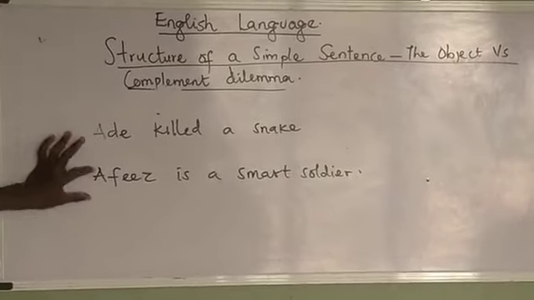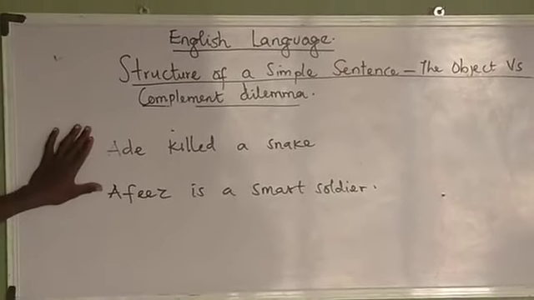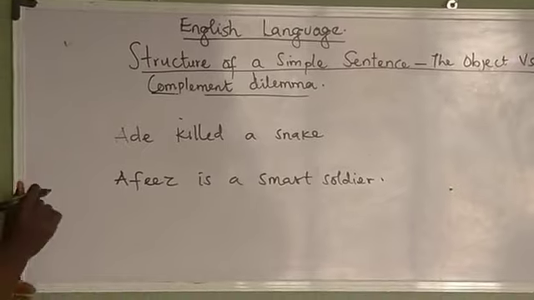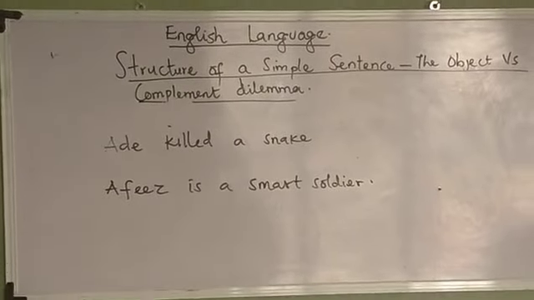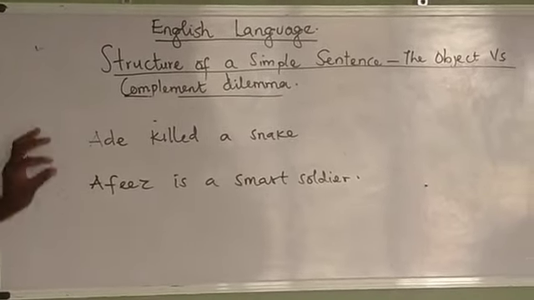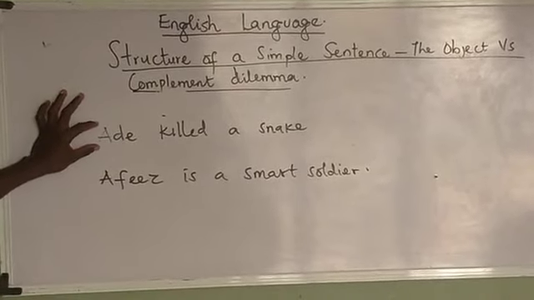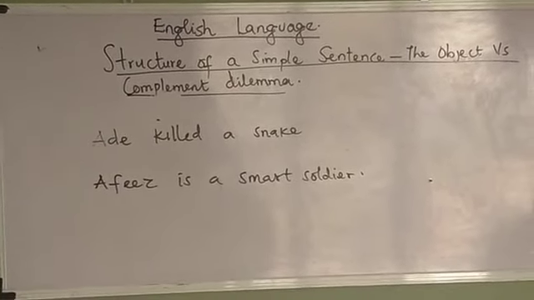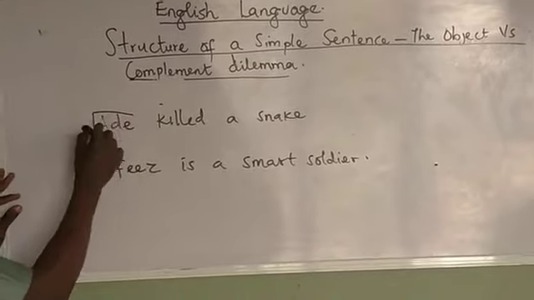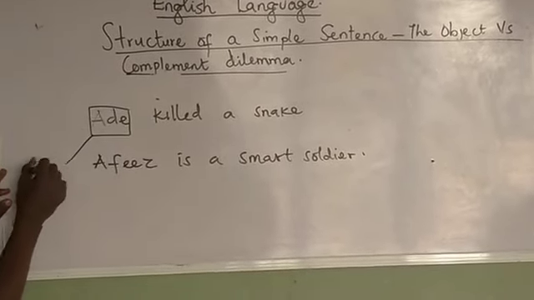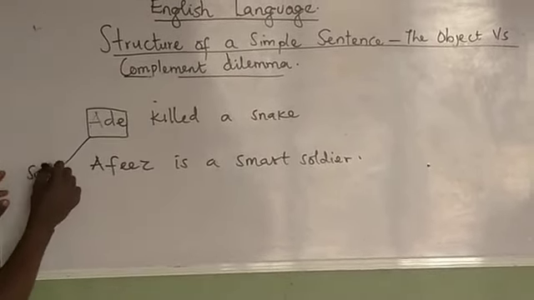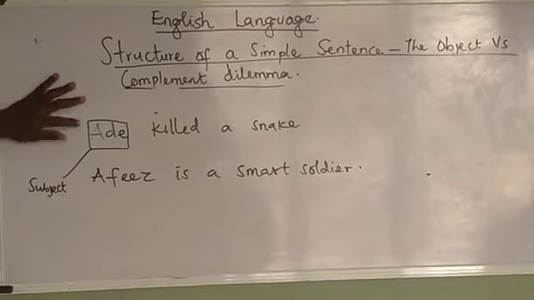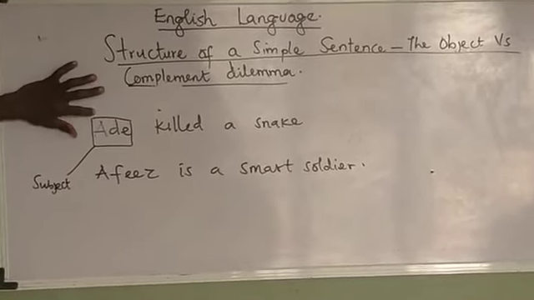Let us analyze these 2 sentence structures. I told you the subject is always the performer of an action. If you look at the first sentence, Ade is the subject. How do we know? Ade is the performer of the action.